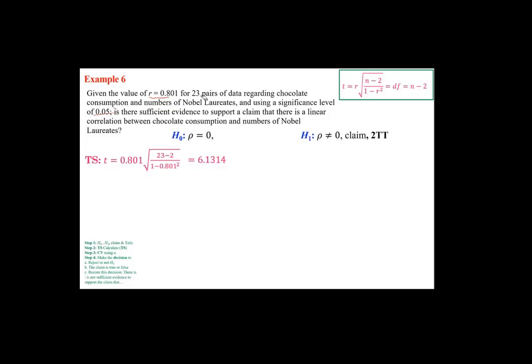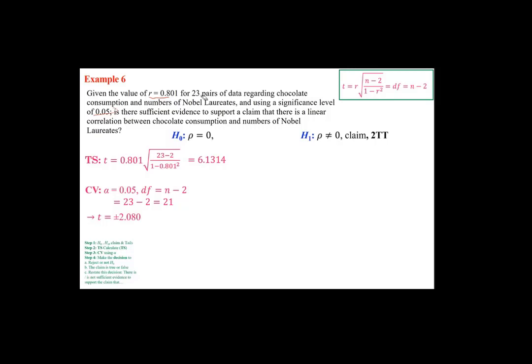Alpha of 0.05, degrees of freedom of n minus 2 or 23 minus 2. And we use the table. We end up with plus minus 2.080. And that's as far as the T distribution goes.